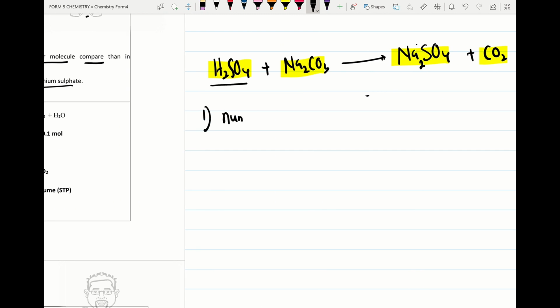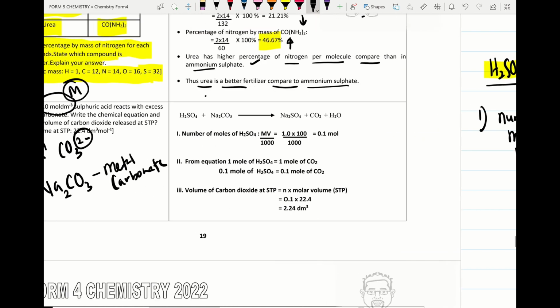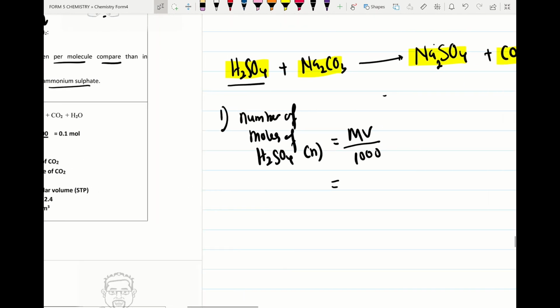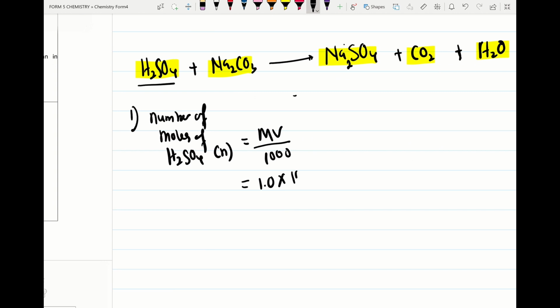So the first step, we convert the volume and molarity given into number of moles of sulfuric acid. We use the formula MV over 1000. The molarity given is 1.0 and volume is 100. So 1.0 times 100 divided by 1000, we will get 0.1 mole. Alright, so sulfuric acid is 0.1 mole.